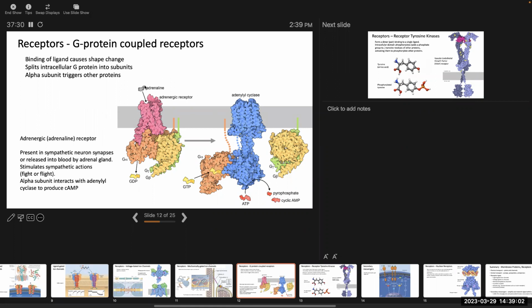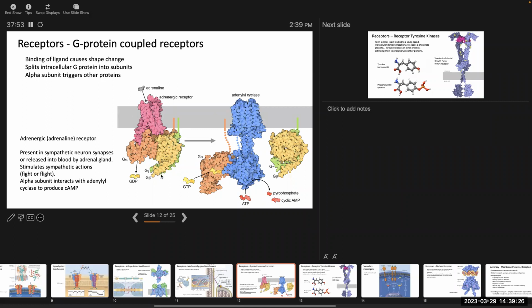And there's a little tiny molecule of adrenaline coming here that binds to the adrenergic receptor. But then this whole complex of stuff shown in orange and yellow and light green, this is all a G protein that is bound to the intracellular, the inside portion of that adrenergic receptor.